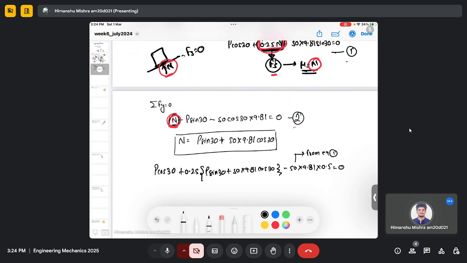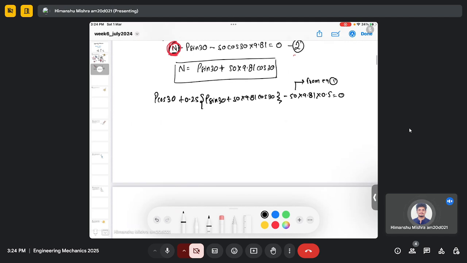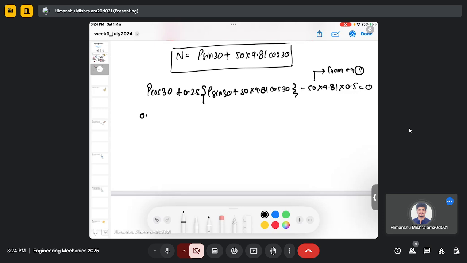Where we are, okay, so we need to simplify this equation. This is given entirely in terms of p, so we can solve for p from this equation.